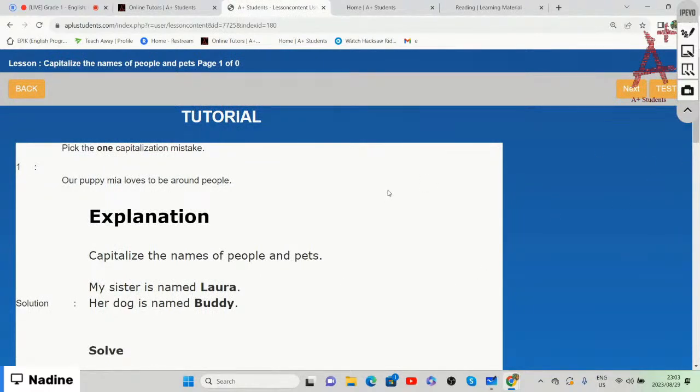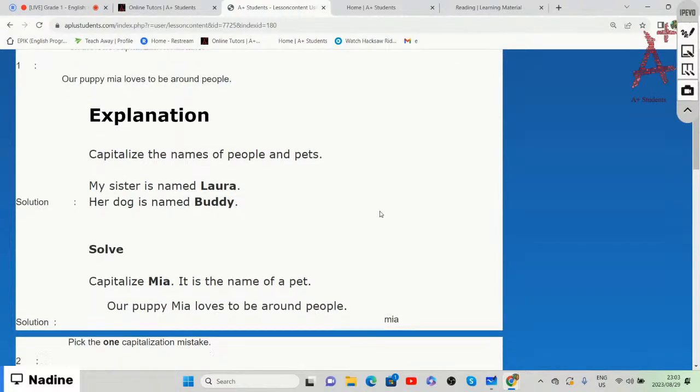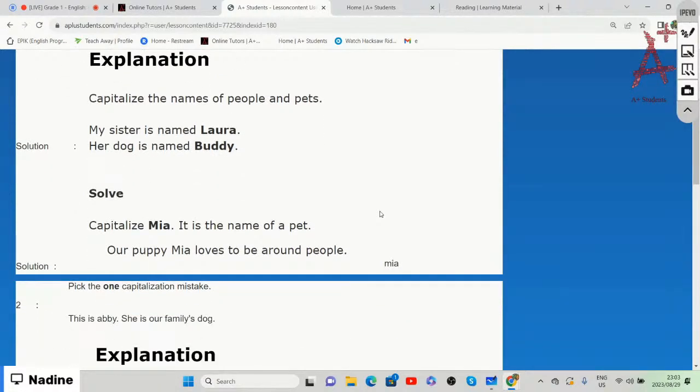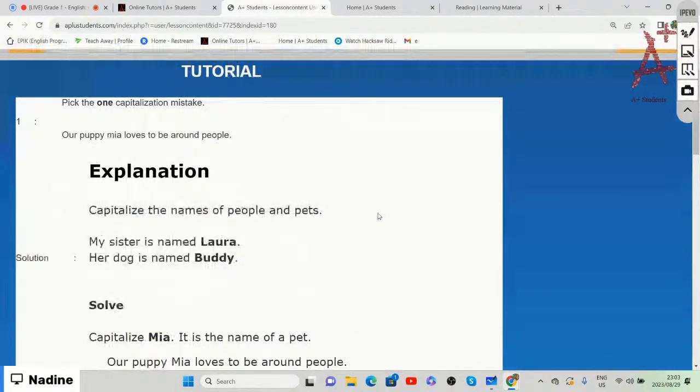All right, so we capitalize the names of people as well as pets, right? So when we capitalize names of people and pets, firstly, names of people, names of pets, it is a noun, right?